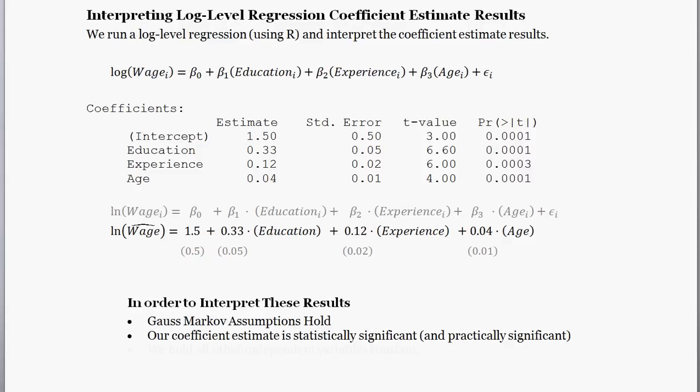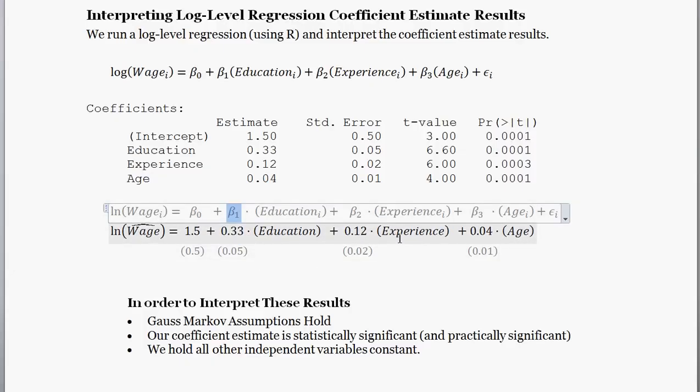Given the underlying variation in the variable you're concerned with, is the coefficient estimate large enough to have an effect that you might notice in the real world? And lastly, we hold all the other variables constant when interpreting a single coefficient. So when we interpret beta 1 here, we're assuming that experience and age are held constant. Given those assumptions, let's interpret beta 1.